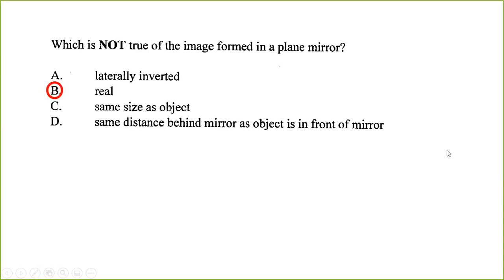So a real image is an image that you can form on a screen, like from a projector or from a camera. And all the others we know are true of plane mirror images. They are laterally inverted, they are the same size, and they are the same distance behind the mirror as the object. Great job.